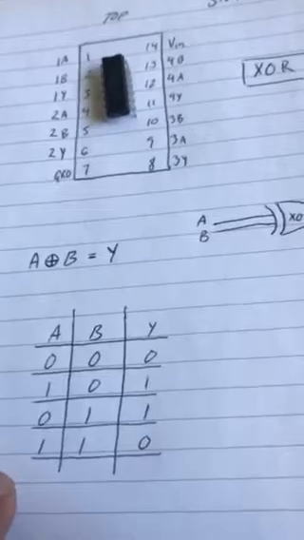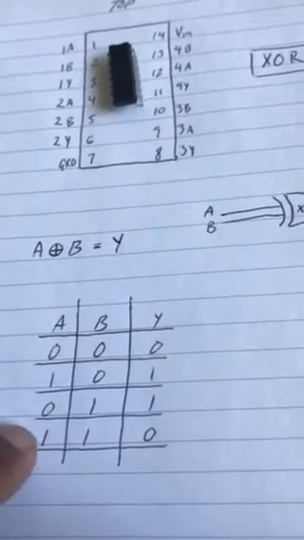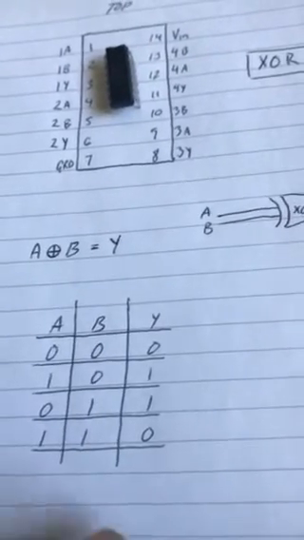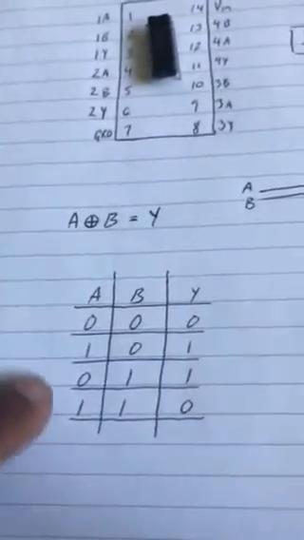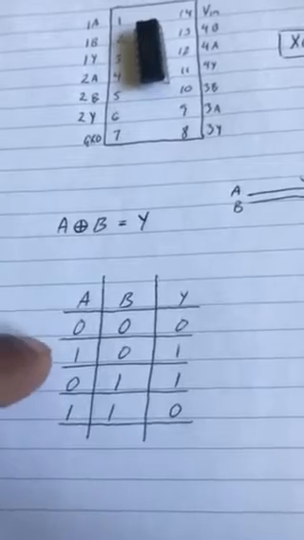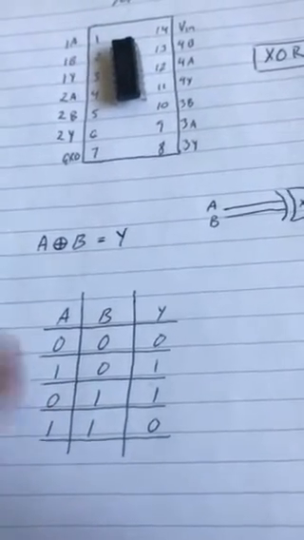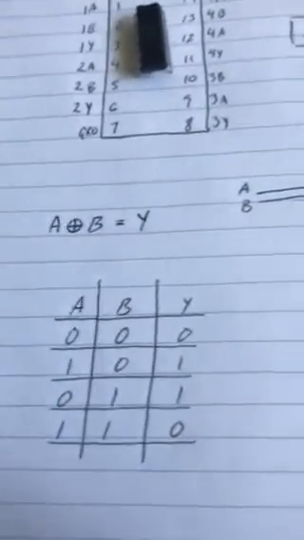But unlike an OR gate, if you have both A and B active, then you get a 0 for Y. The XOR gate is the exclusive OR, meaning exactly one pin has to be operational. You can't have both, you can't have neither.